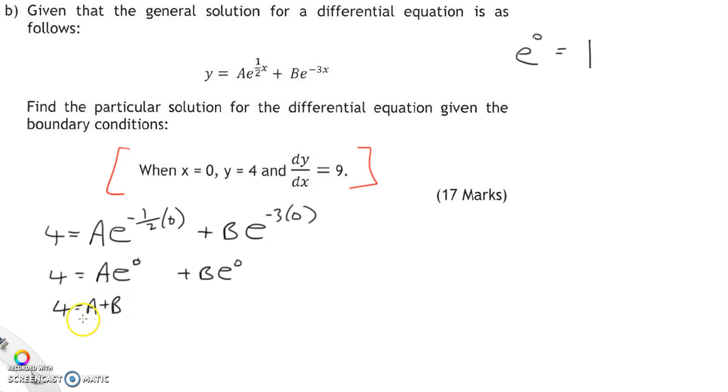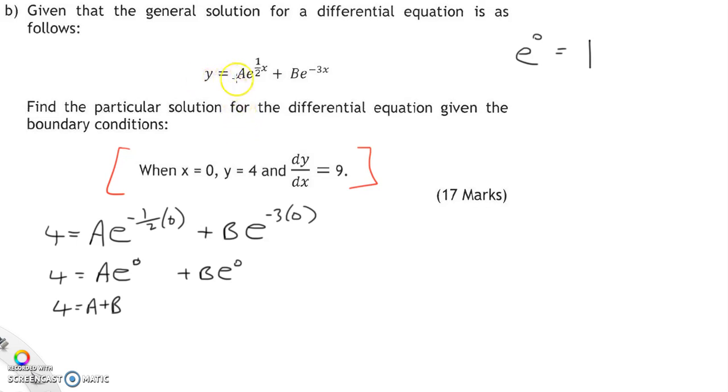So that's a good step there. And then we're also told that dy dx equals 9. The first derivative equals 9. When the first derivative equals 9, these two conditions are also true: x will be 0 and y will be 4.